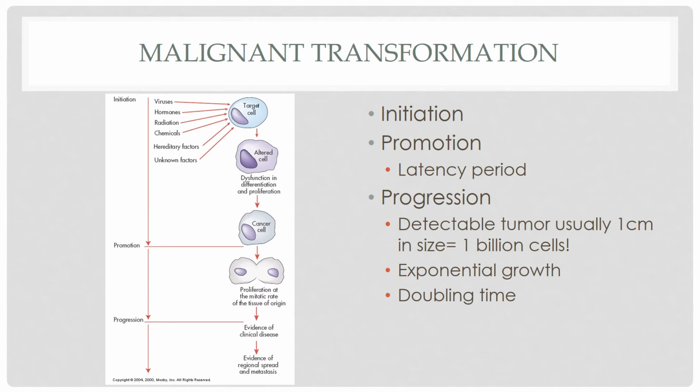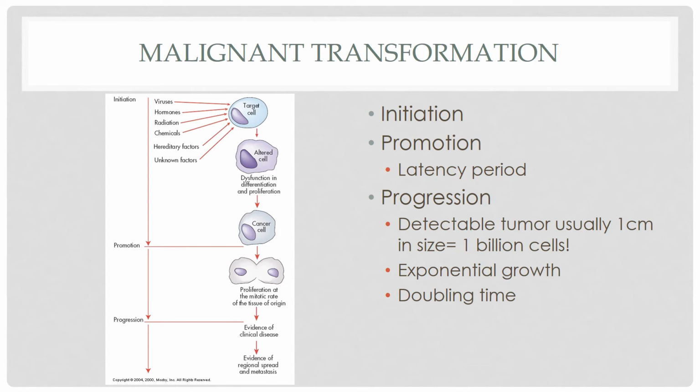They transform to the promotional period, or latency period, the time between the cell's initiation and the actual tumor, the detectable tumor. The growth is still occurring, but we have no means to detect it at that point.